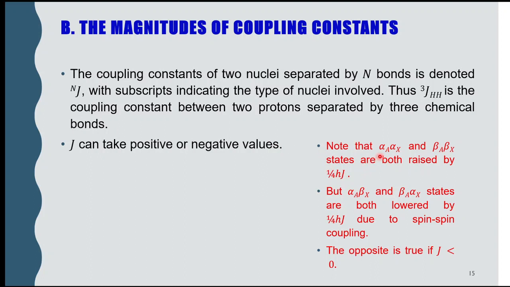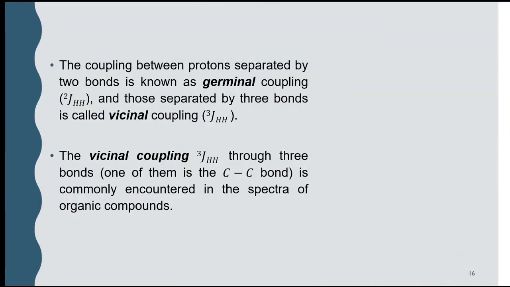Note that the alpha A, alpha X, and beta A, beta X are raised by a quarter hJ, and the opposite spin is lowered by this value. The opposite is true if you have a negative J. We're not going to progress further than that, but organic textbooks would usually describe this in detail.